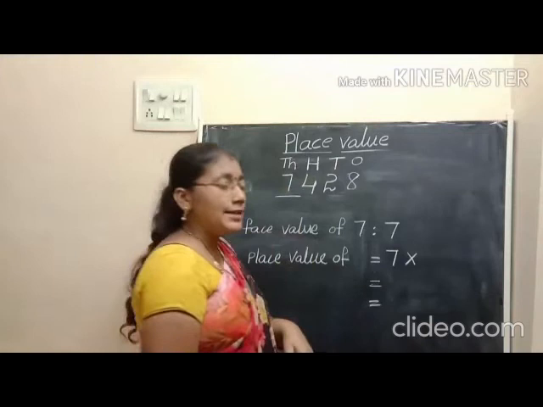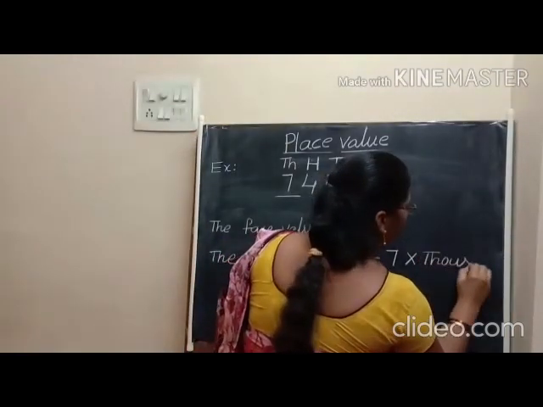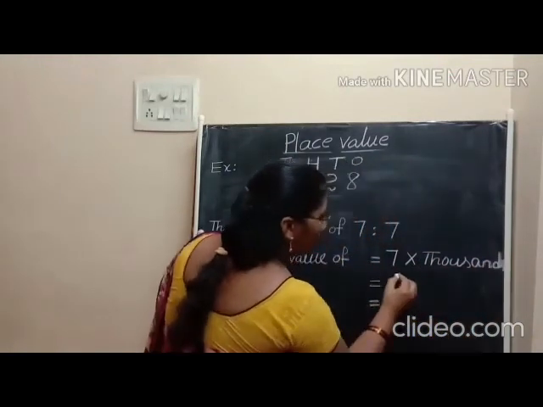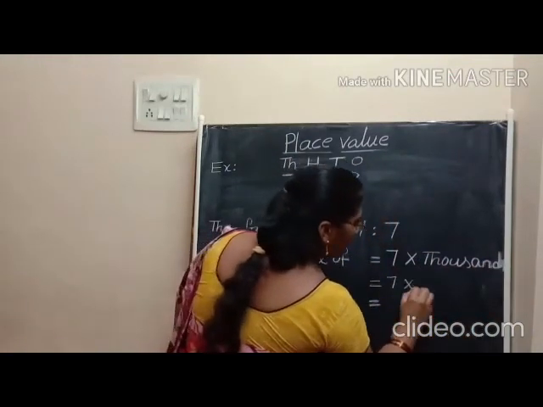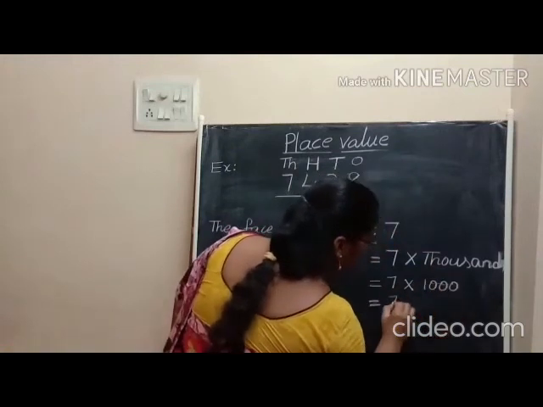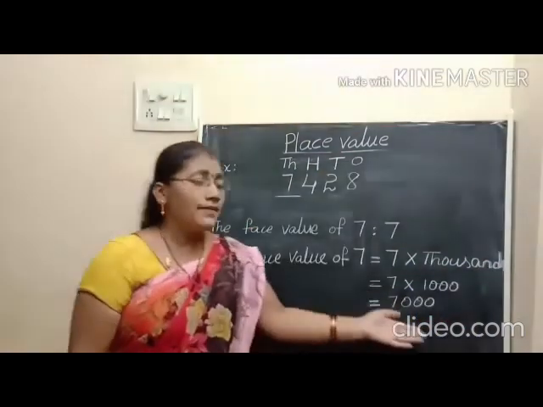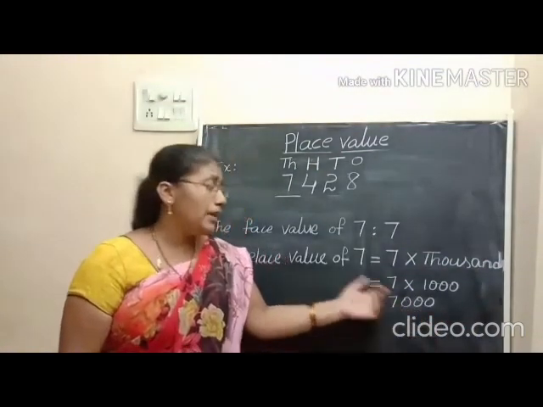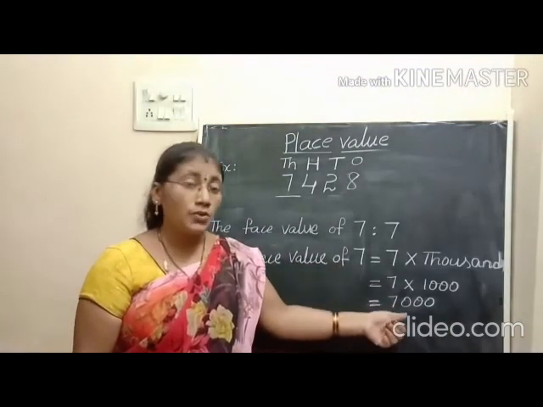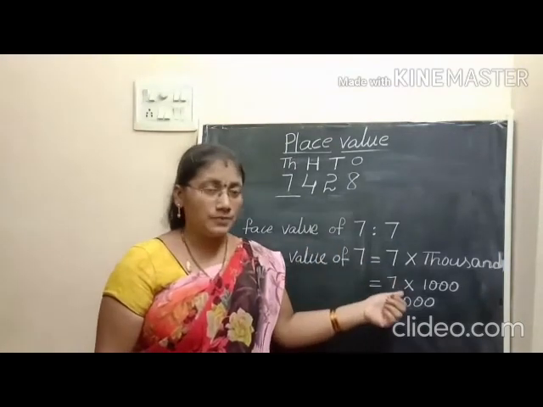It is thousands. By taking the product of 7 and 1000, we get 7000. So 7000 is the place value of 7. Is it clear, children?